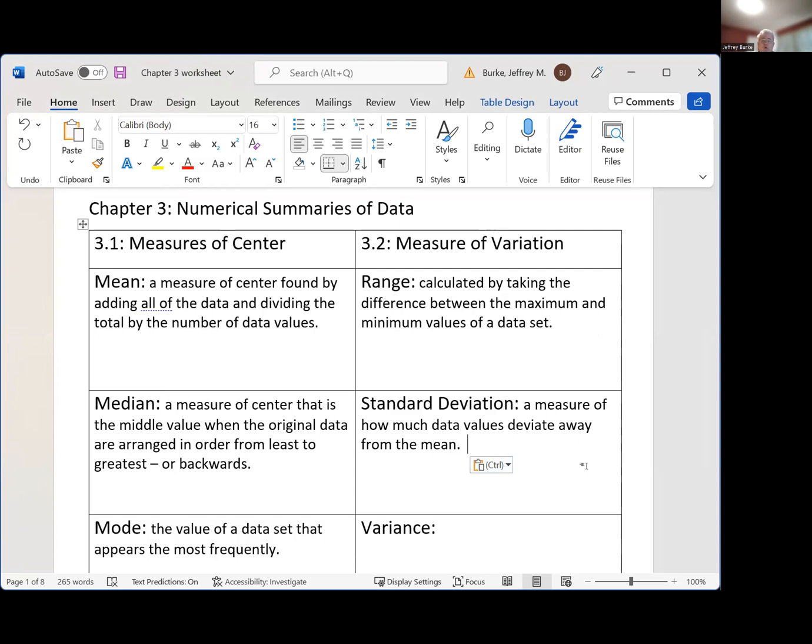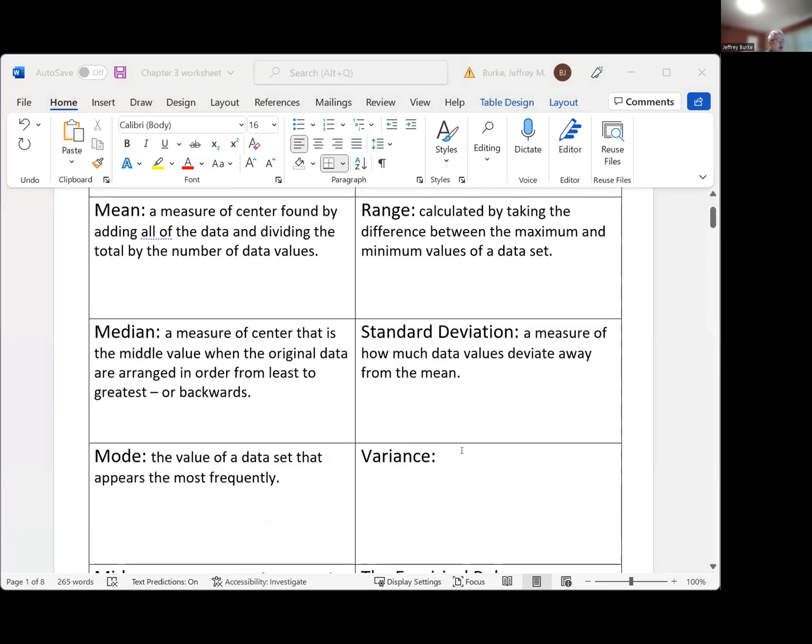But roughly, not exactly, a standard deviation is the average distance that all the data are from the mean. It's not calculated quite that way, but that's a close approximation. We're going to be using this a great deal in class, and working with it throughout the semester.